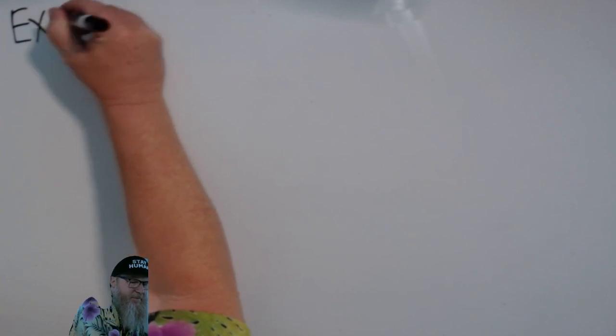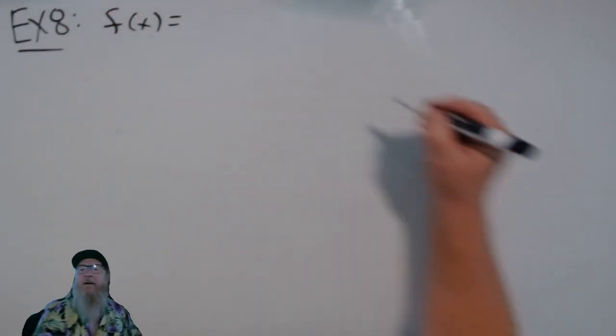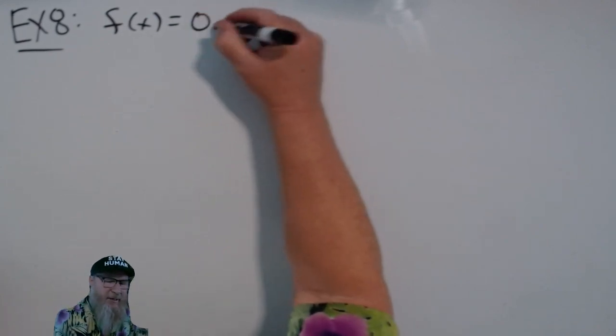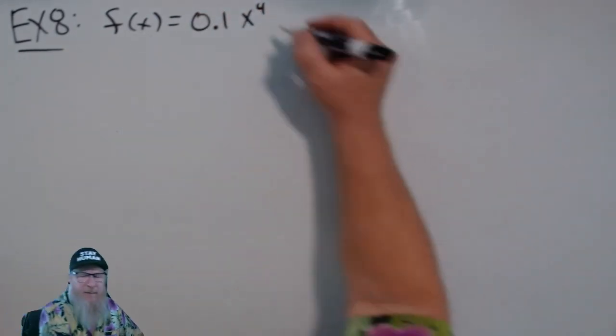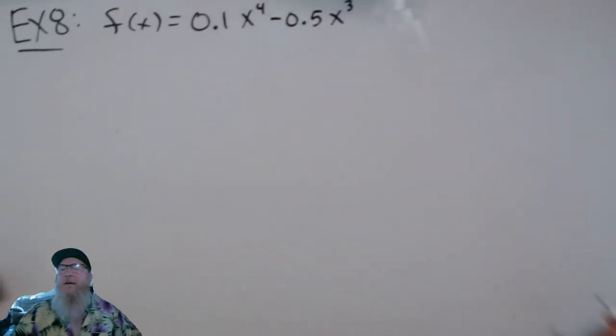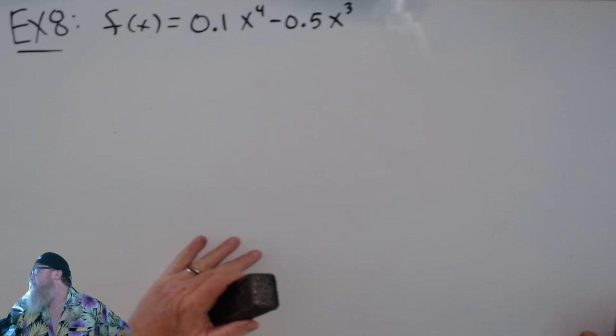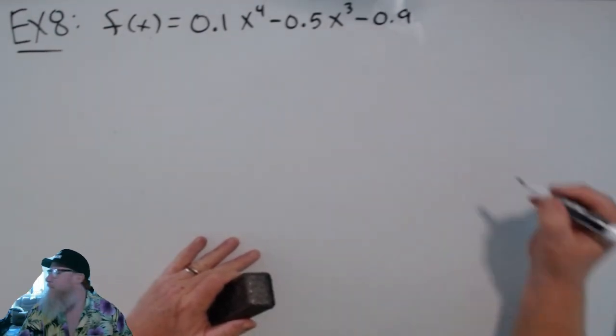All right. So what are we up to? Example 8. So this is a quartic, 4th degree polynomial with decimal coefficients. It's really just another way of writing a fraction.